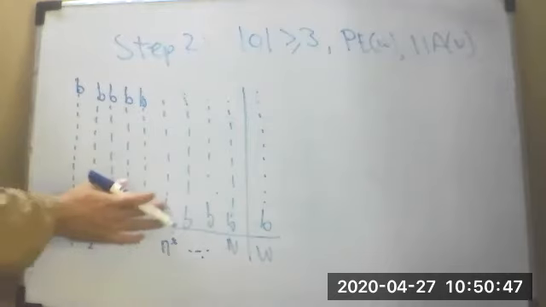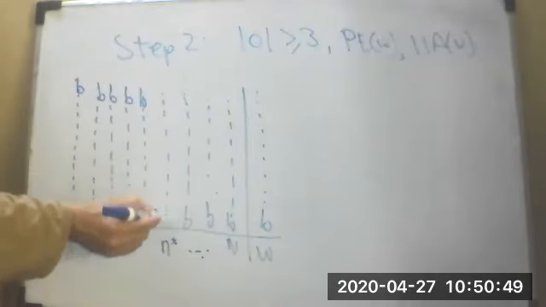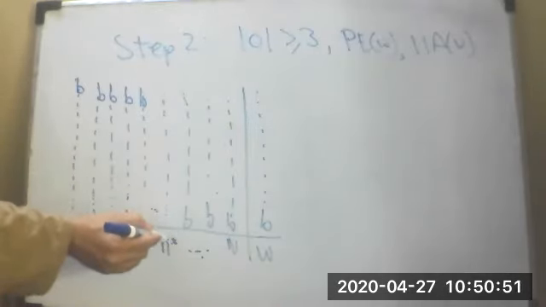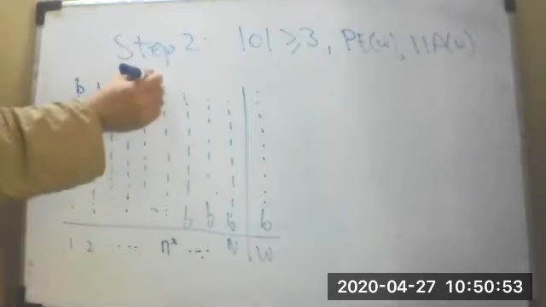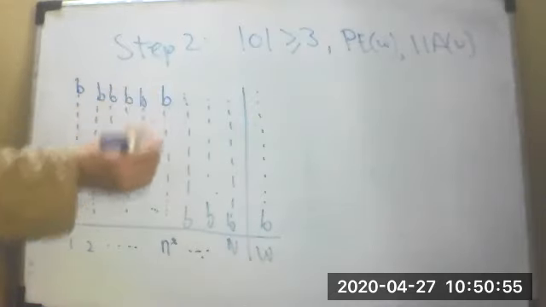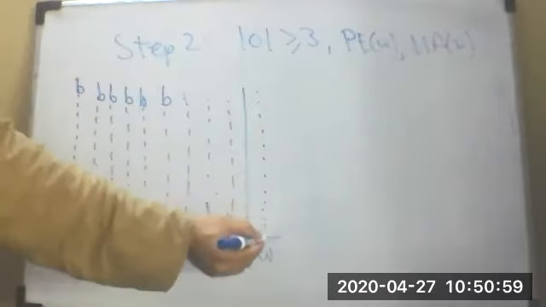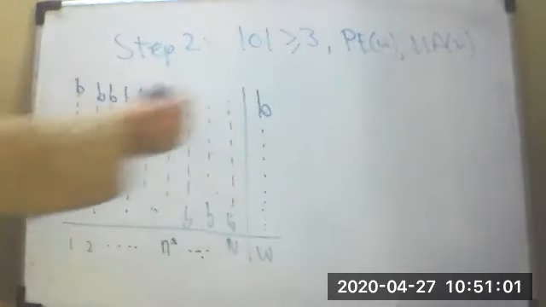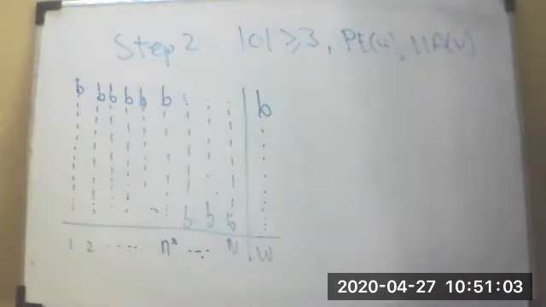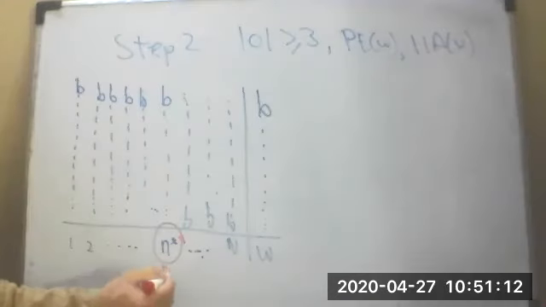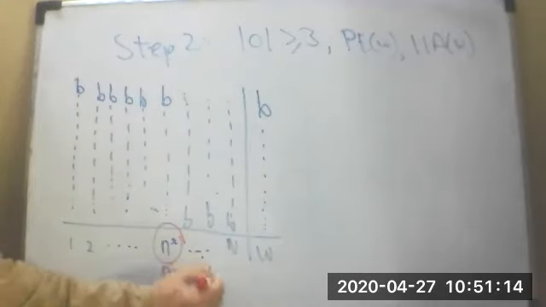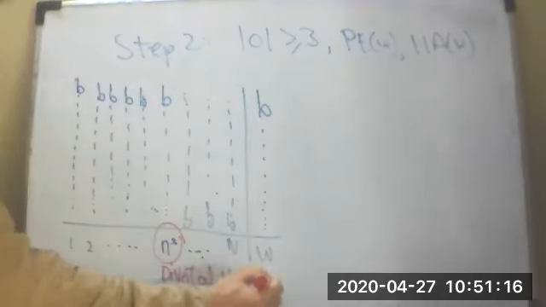So n star is the first agent who moves B to the top, and that's when the balance tilts over and the social welfare function also moves B from the bottom to the top. We call this voter n star a pivotal voter for B.